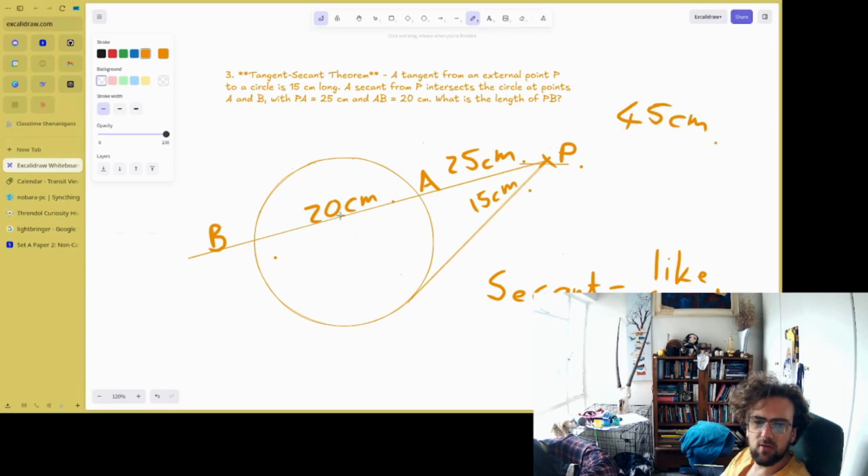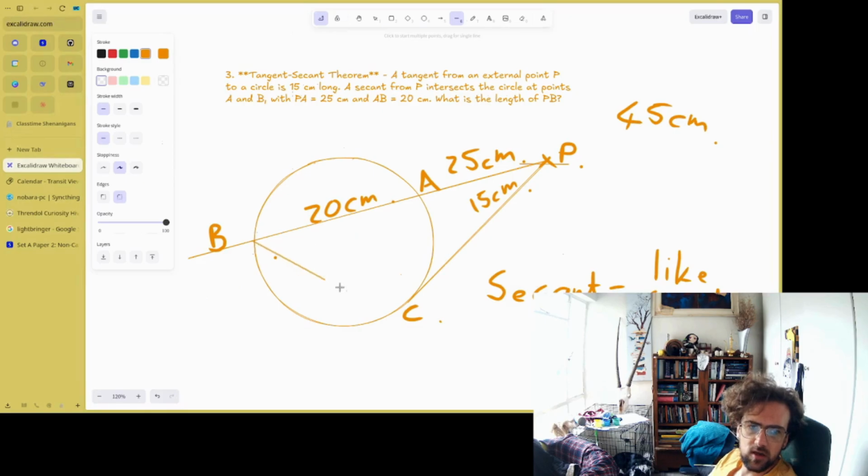Now, I think this would have honestly been a better question if, with a tangent from an external point P to a circle, let's call this C. If they had asked what is the distance from B to C, that would have been a much more fun question, don't you think?